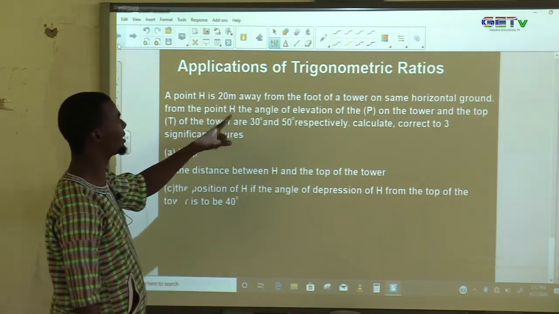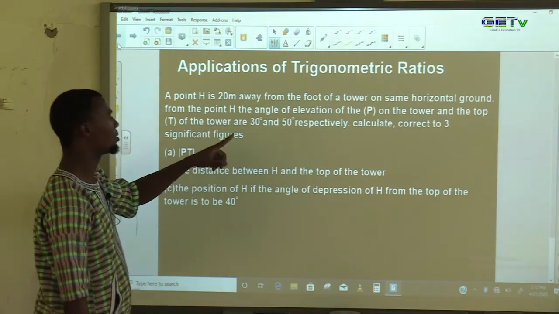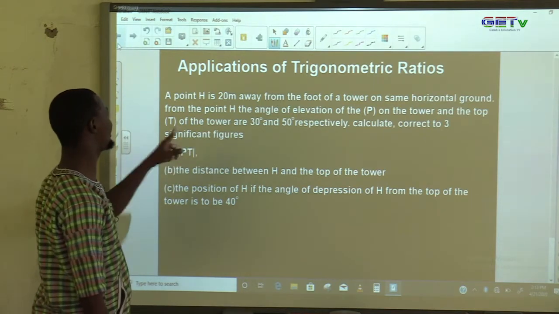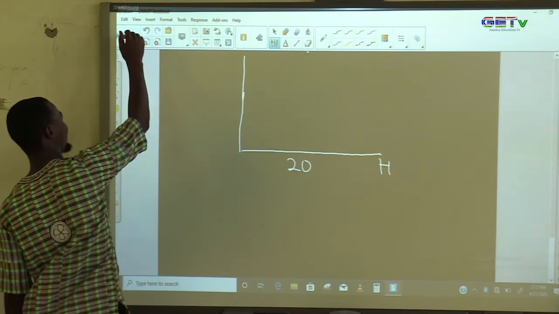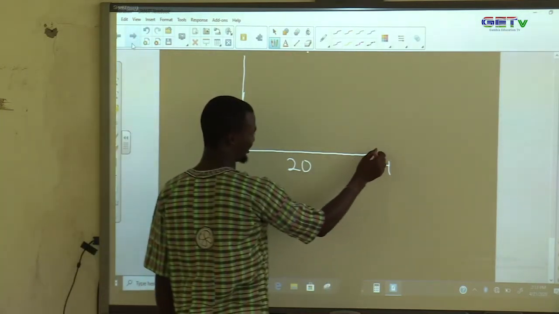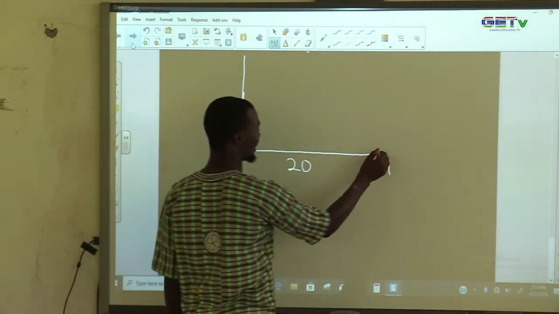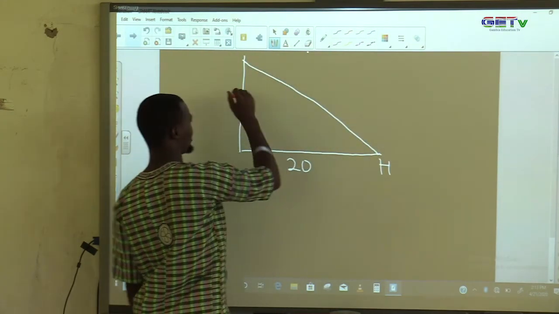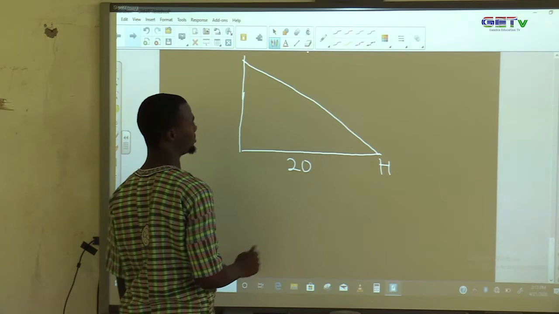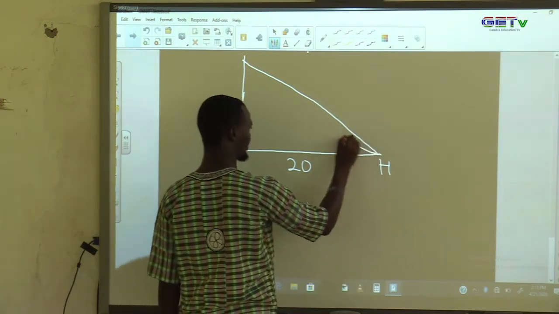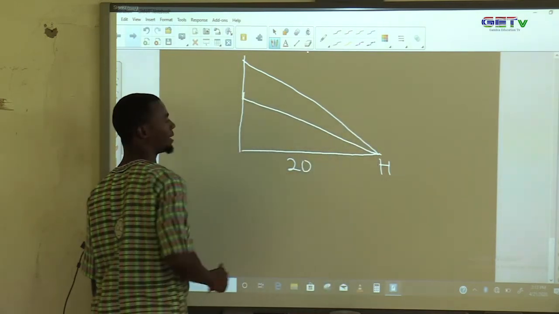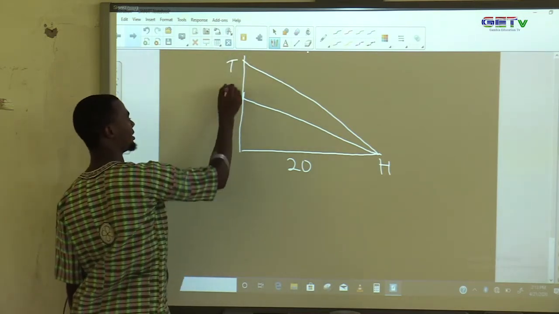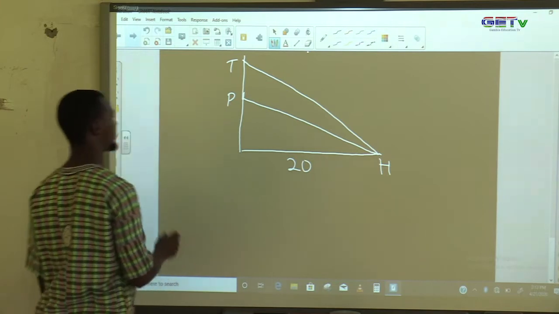From the point H, the angle of elevation of the P on the tower and the top T of the tower. This is on the tower, it can be anywhere, and this is the top of the tower. We don't know which position P will be, so we just put it anywhere on the tower. This is the top, T, and this is P on the tower.